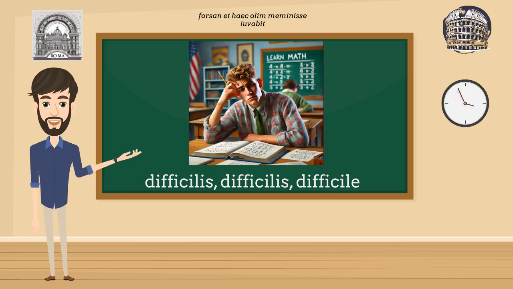By listing this as difficilis, difficilis, difficile, we know clearly that the masculine form and the feminine form of this adjective are indistinguishable. That's not the worst thing in the world, but it's also not particularly helpful. Difficult.